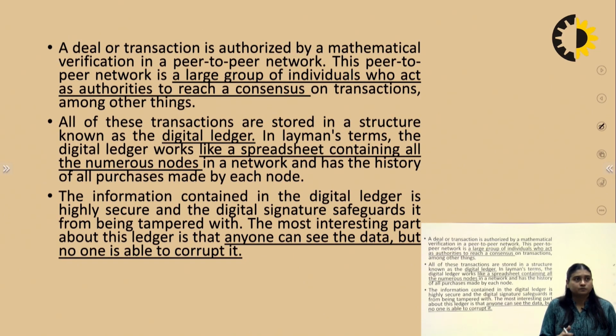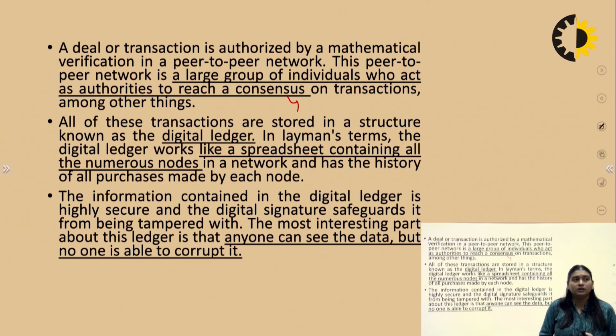Now the peer-to-peer network we are talking about forms a very important, core component of blockchain. It can be described as a large group of individuals or nodes who act as authorities to reach an agreement. Consensus is an agreement, and it is indispensable to reach a consensus in order to validate which transaction will be added onto the blockchain or not.